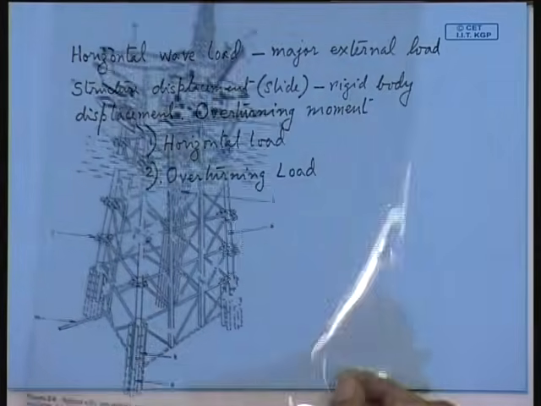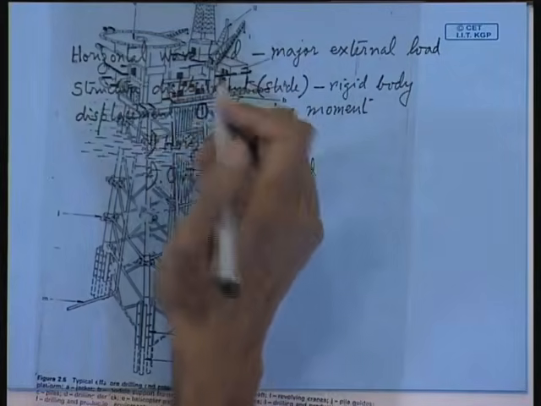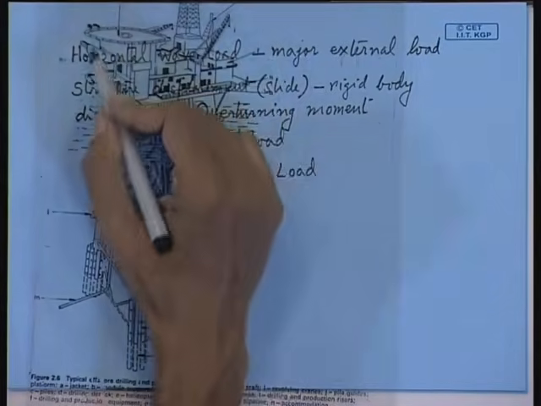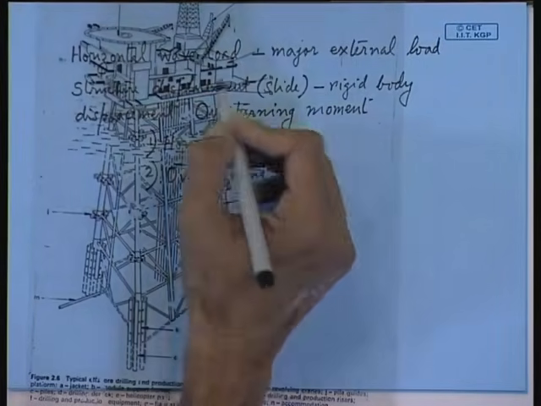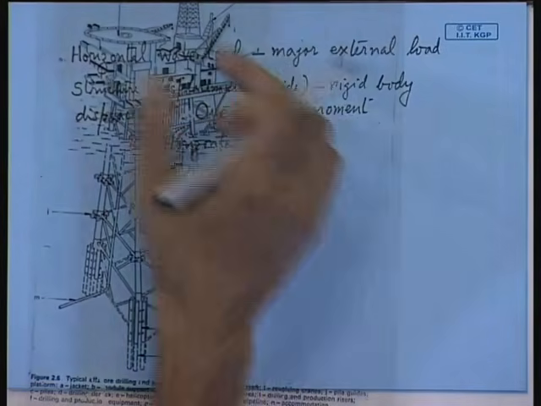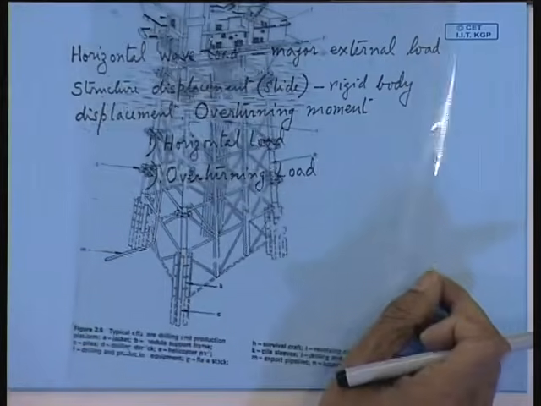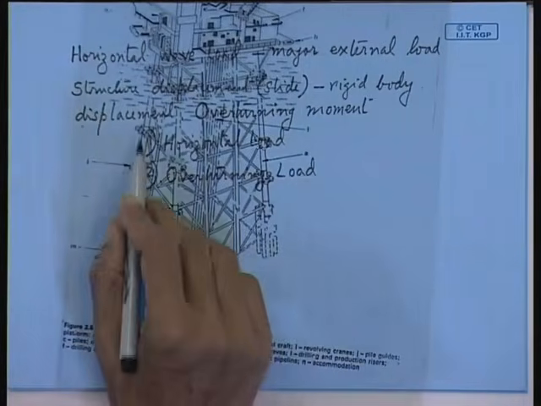Now, in the structure that you see, there will be major weight coming from the deck. So, all these deck modules will be of the other weights, say 1350 ton jacket will weigh something of 1000 tons. Now, 1000 tons weight has to be supported on the seabed, isn't it? So, that is done primarily through these piles.